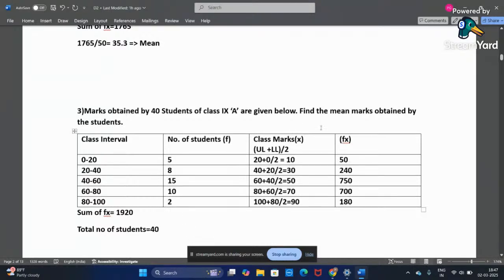Right? Okay. To find the mean, what you have to do? We have to divide this 1920 by 40. That is 48. This 48 is the mean value.